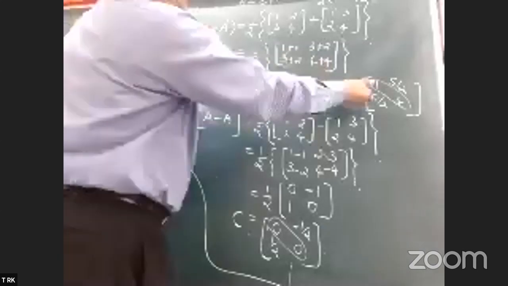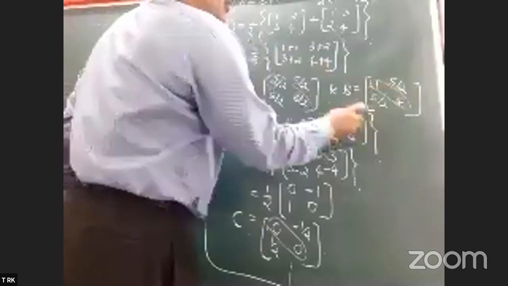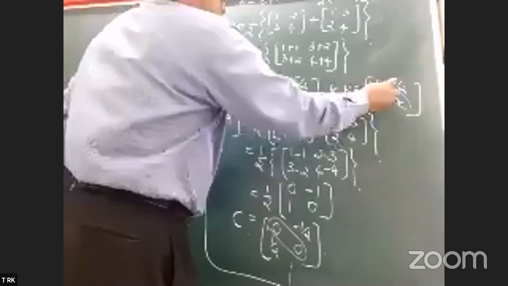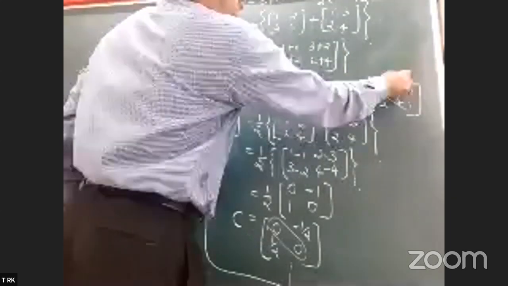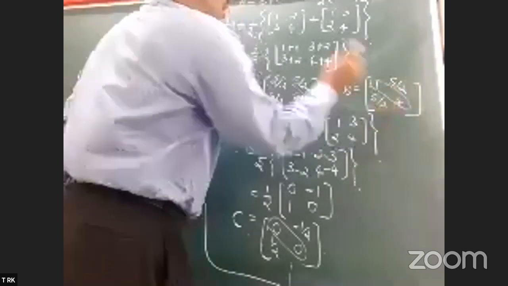That is 1, 5 by 2, 5 by 2, 4. B is an example of a symmetric matrix because the entries on either side are the same.